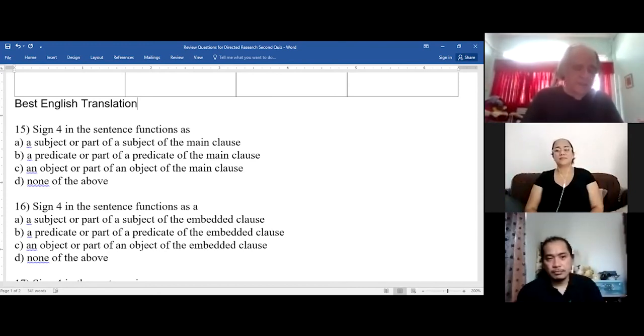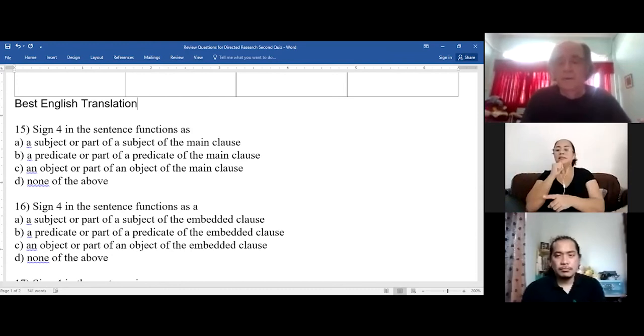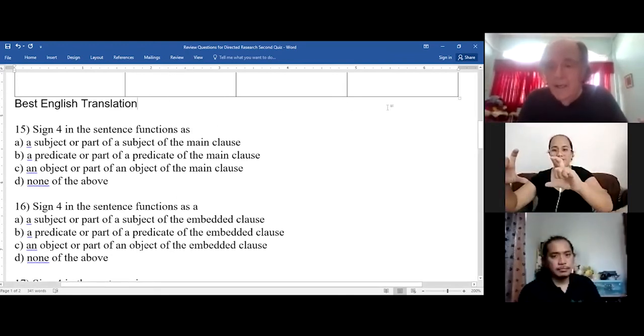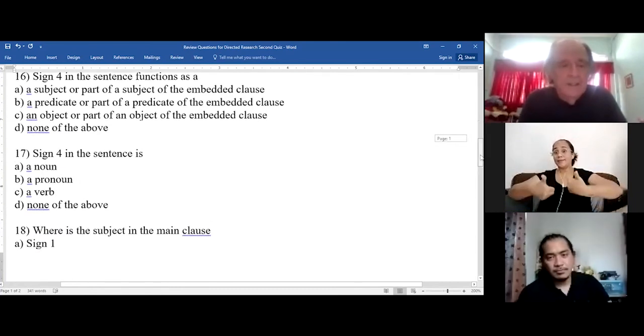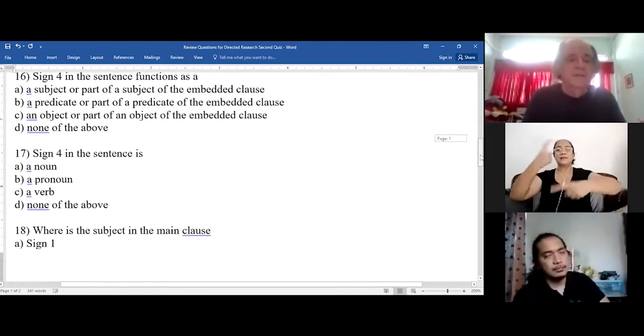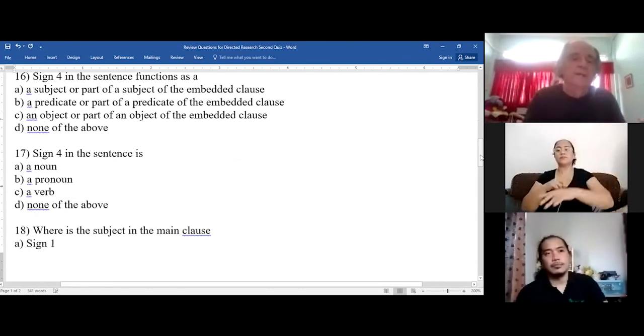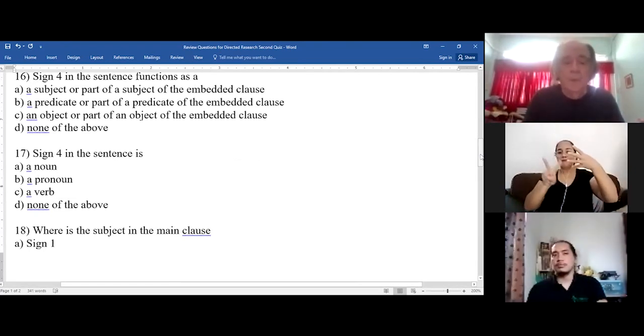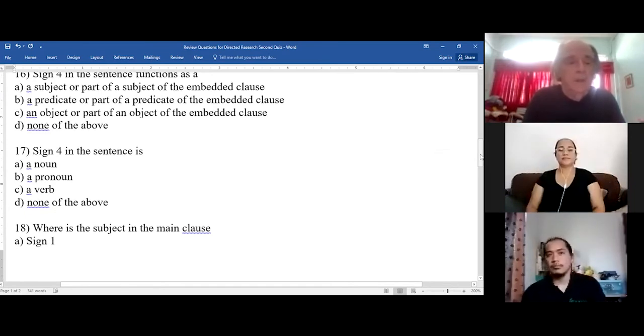D, yes, it's not in the embedded clause, it's in the main clause. Sign number 4 in the sentence, 20 is a noun, a pronoun, a verb, or none of the above. D. Jasmine saying D. Okay, all right.